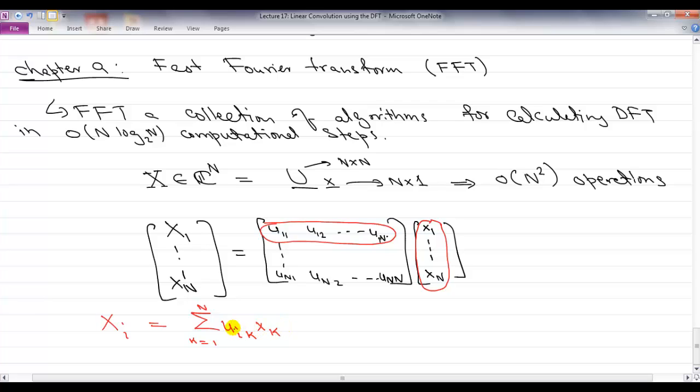You are multiplying two numbers how many times? You have n multiplications. So for computing one coefficient using matrix vector multiplication, you have n multiplications and you have n minus 1 additions.